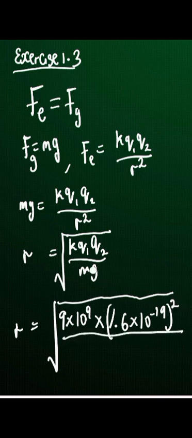All over, this m here is the mass of the electron, because we are talking about an electron here. So the mass of the electron is 9.1094 times 10 raised to power minus 31, times g, the gravitational acceleration, that is 9.81.